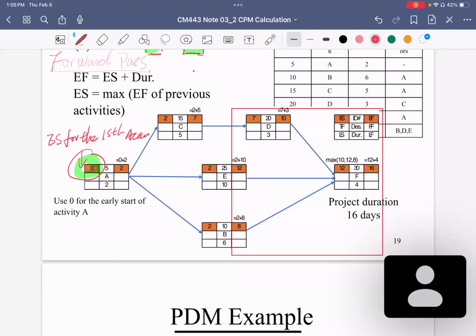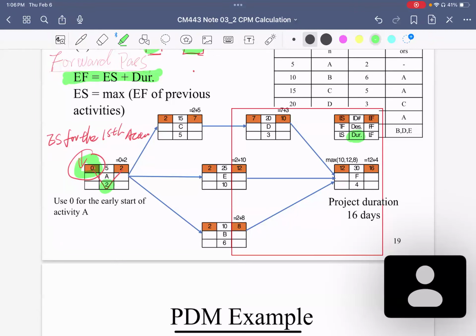Since we know the early start time for activity A, we can calculate the early finish time by this formula: early finish time is equal to early start time plus the duration. The duration for this one is 2 because we have the legend over here.